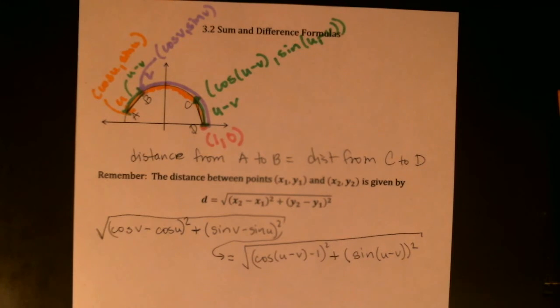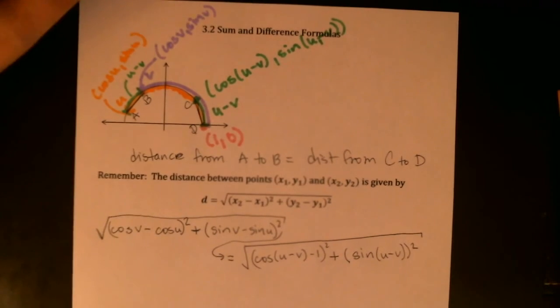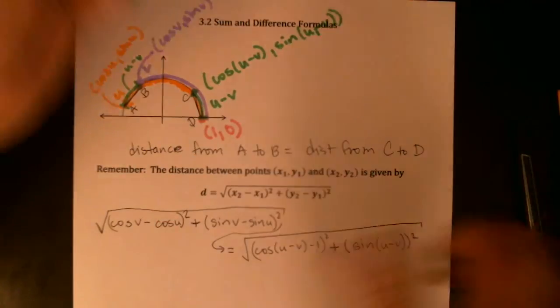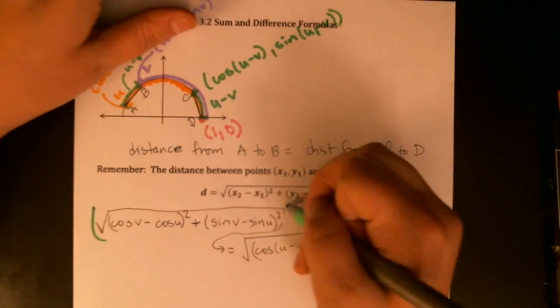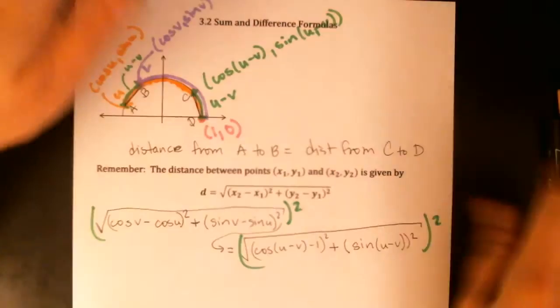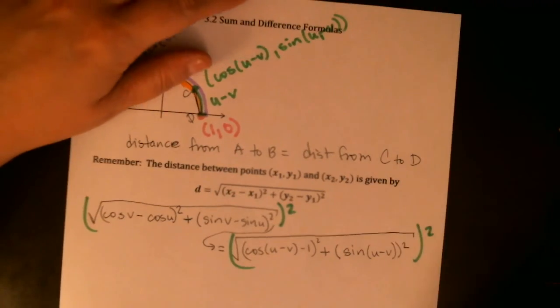And really all it is from here is playing around with some algebra to try and get a simpler statement out of this. So the very first thing I'm going to do is say, if those two things are equal, I should be able to square both sides of this equation and get rid of the square roots.